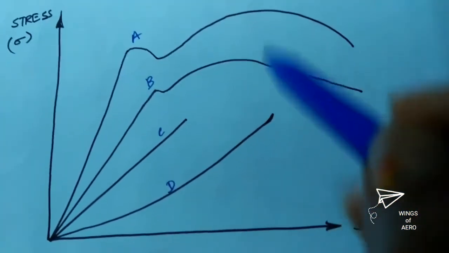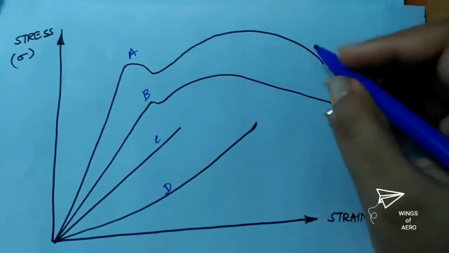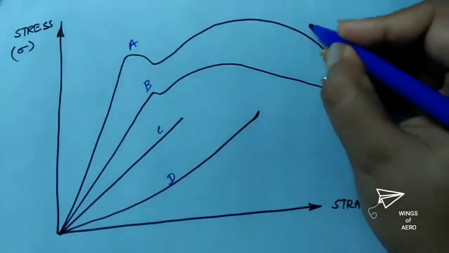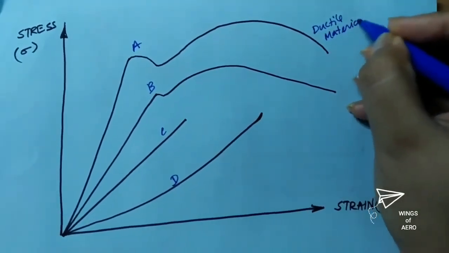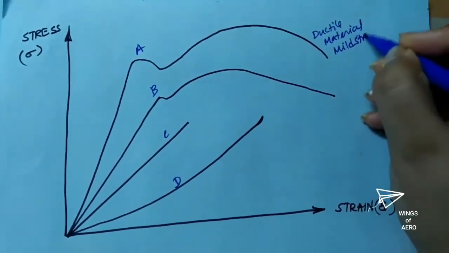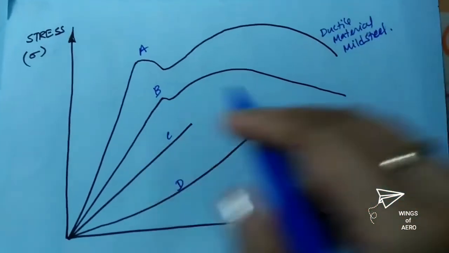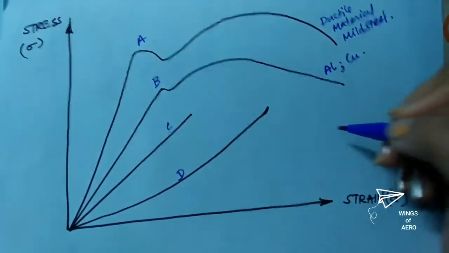So when comparing these two, make sure that curve A is a ductile material, a mild steel, and curve B is for aluminum or copper.